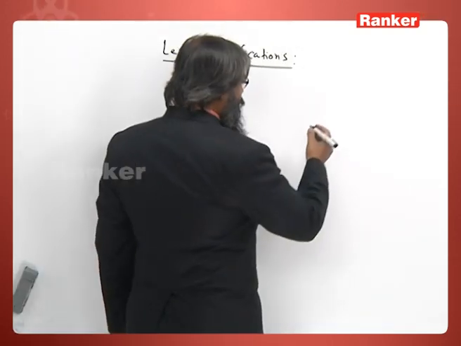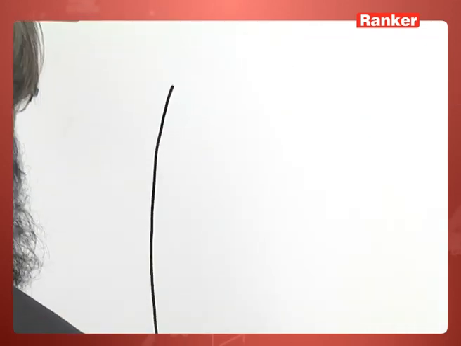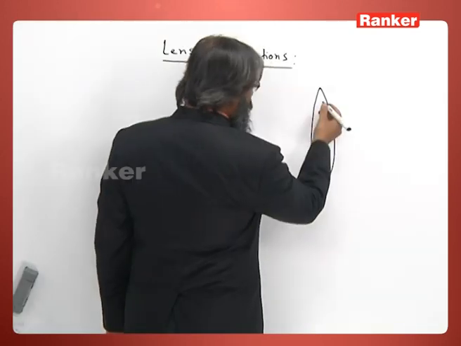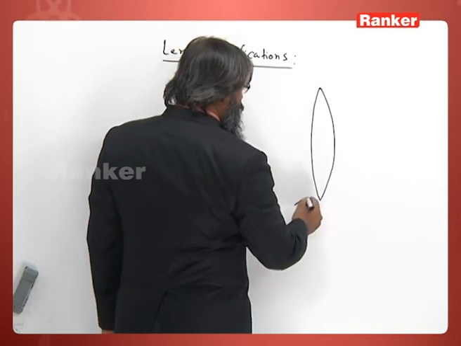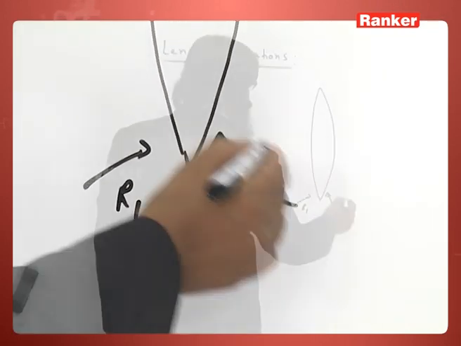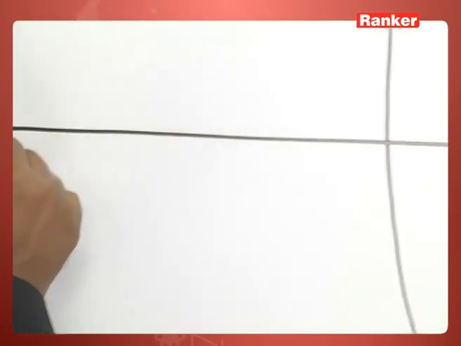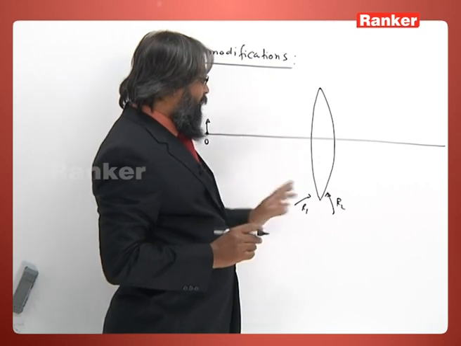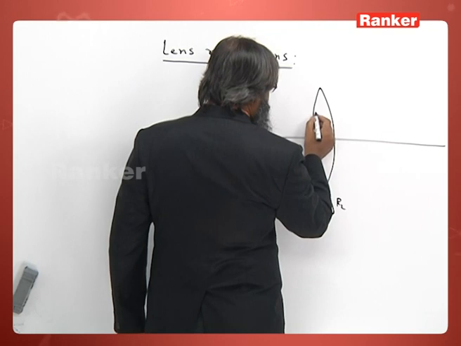Now, suppose let us imagine a refracting element with this one as say R1 radius of curvature and this one say R2, and we had a point object here. So, this surface has R1 and this surface has R2, but there are certain regions.